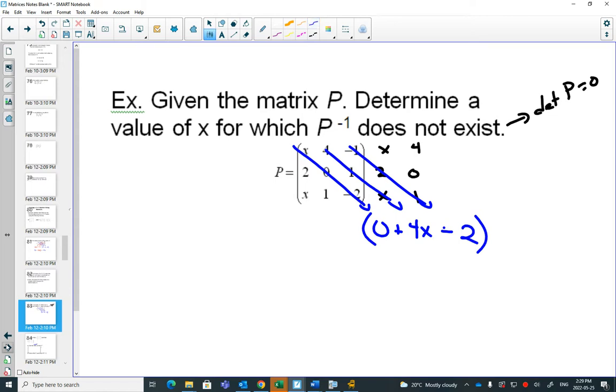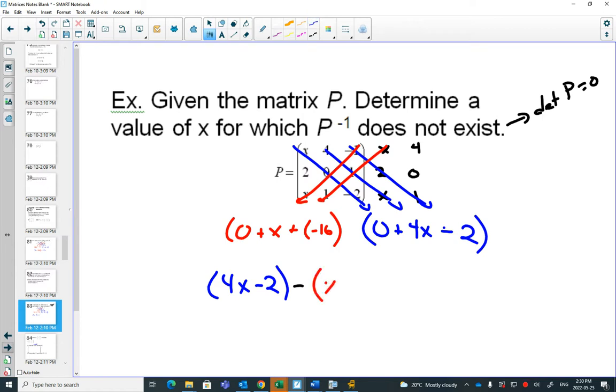And the other direction, 0 plus x plus a negative 16. So our determinant will be 4x minus 2, subtract x minus 16. And if that determinant is equal to 0, now we just have to solve this.